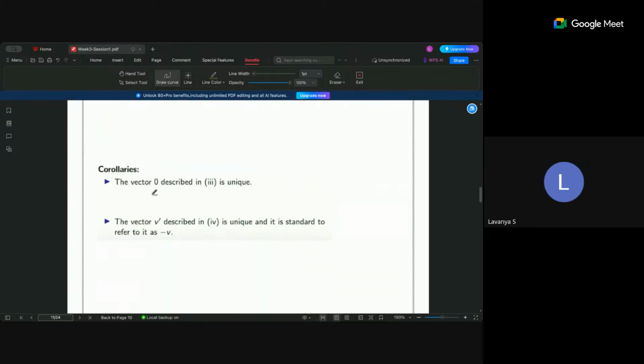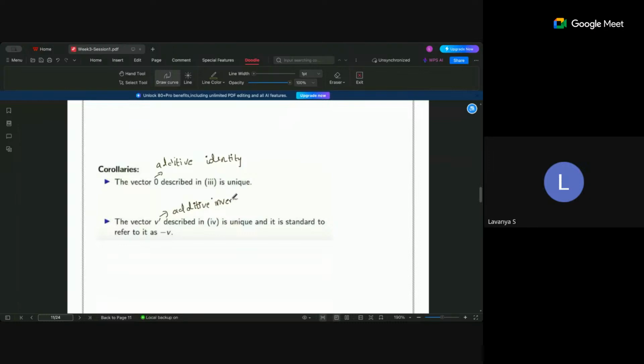And what are the other important properties for a vector space? We have already seen the vector 0, that is the additive identity I am talking about here. The additive identity is unique. Also, the additive inverse is also unique.